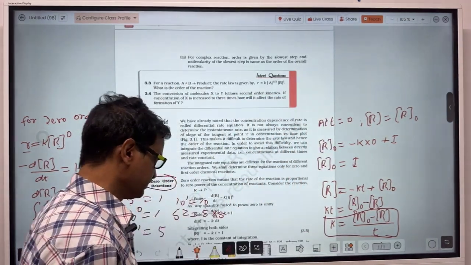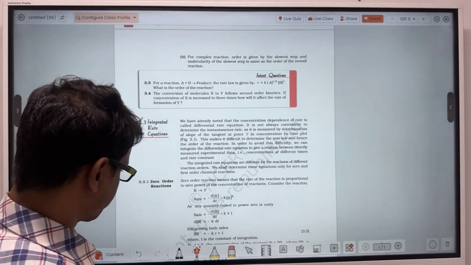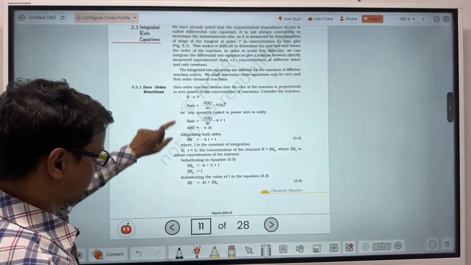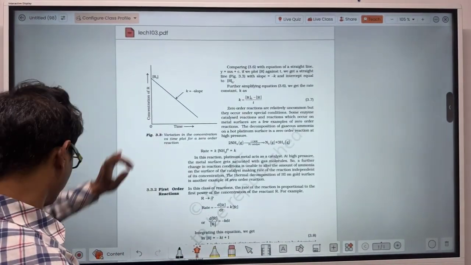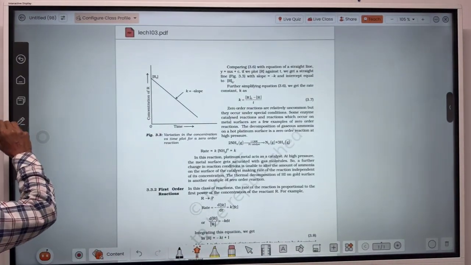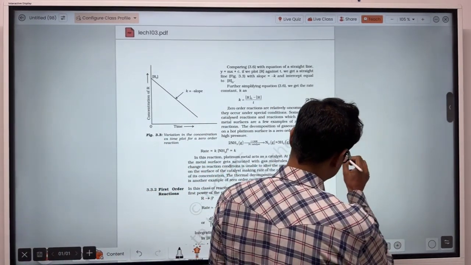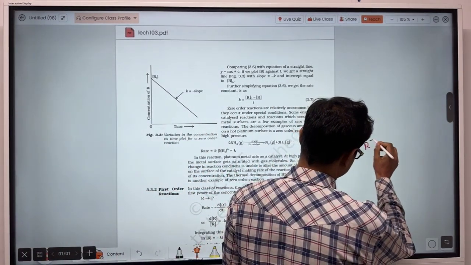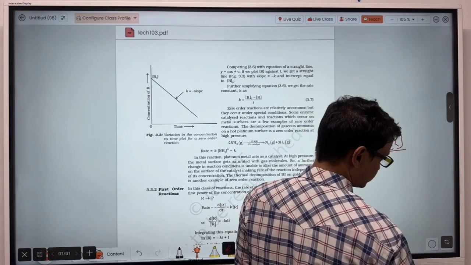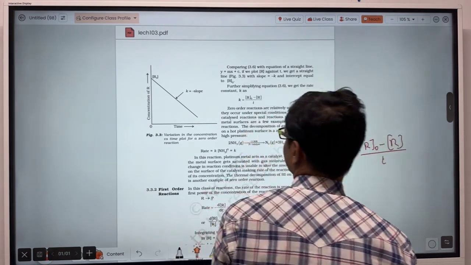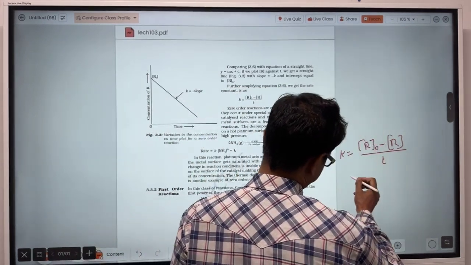Now let's see the integrated rate law equation for the first order reaction. Before that, there will be a graph. Recall the expression that k is equal to R naught minus R by t.